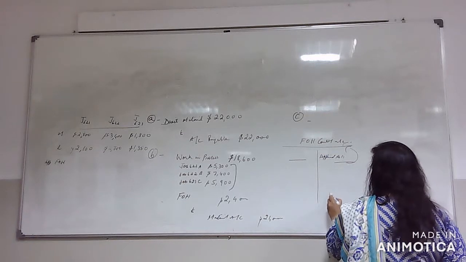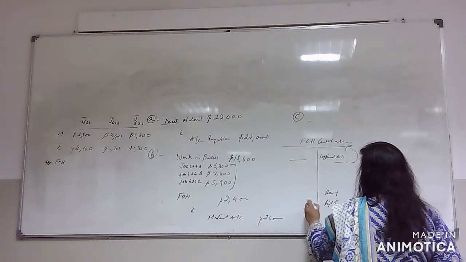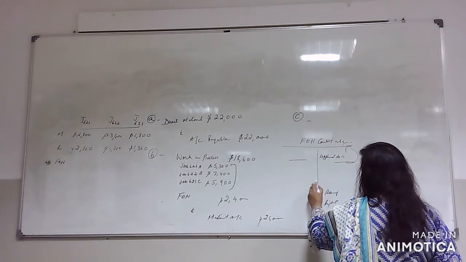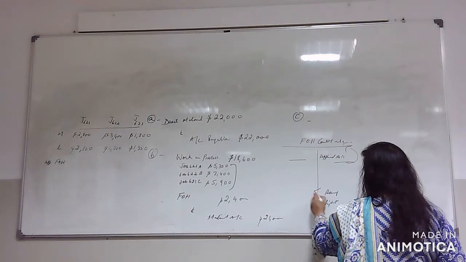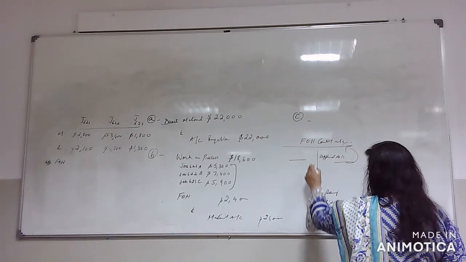So if this side is heavy or light, it means that this figure is either greater or lesser than that of the control account.